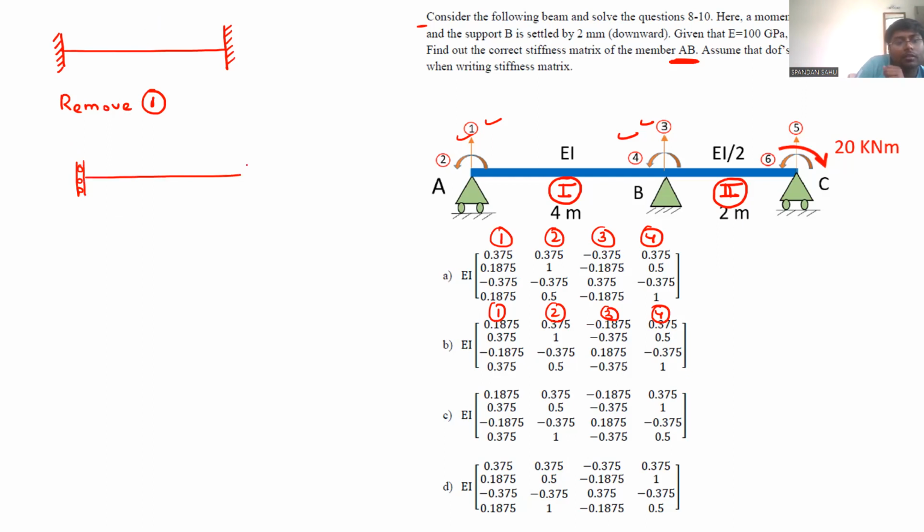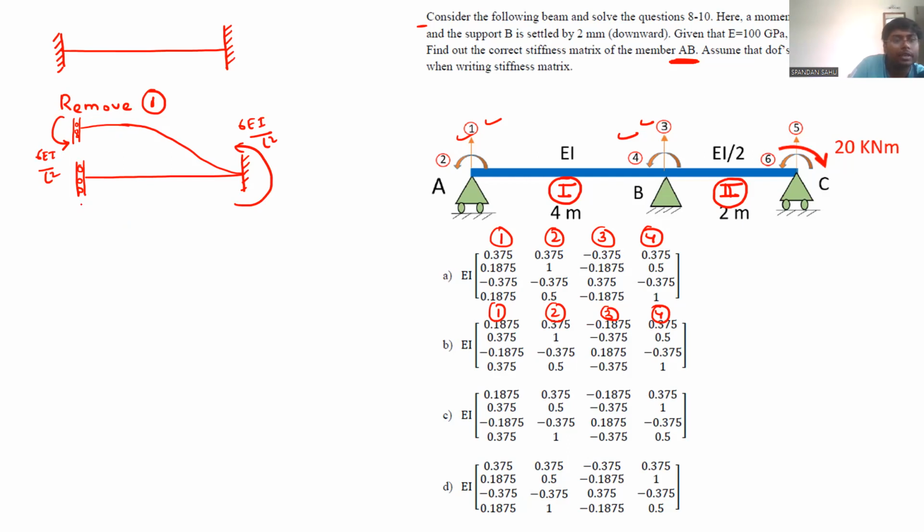Sorry, vertical release, coordinate 1. So this will be 6EI by L square, 6EI by L square, 6EI by L square, 6EI by L square.